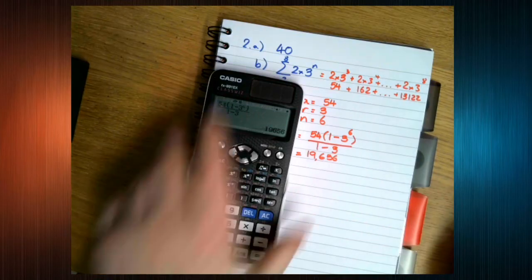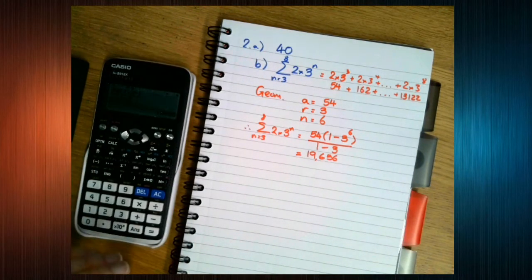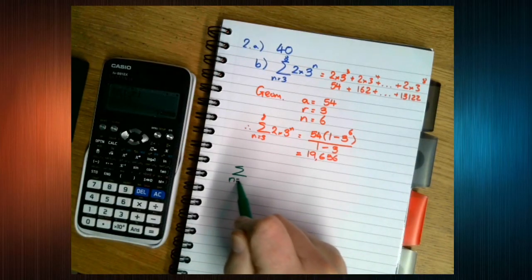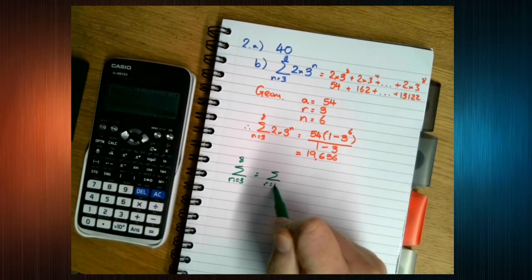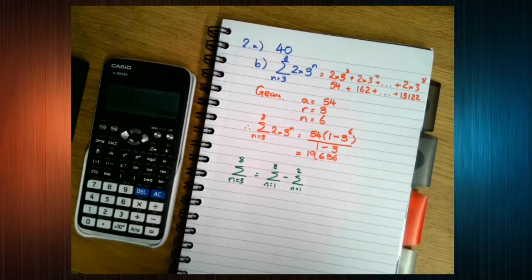And we can see there, again, this is one way to do it. You could do the alternate method of doing the sum from 1 to 8 minus the sum from 1 to 2, if you wanted to, like we did before.